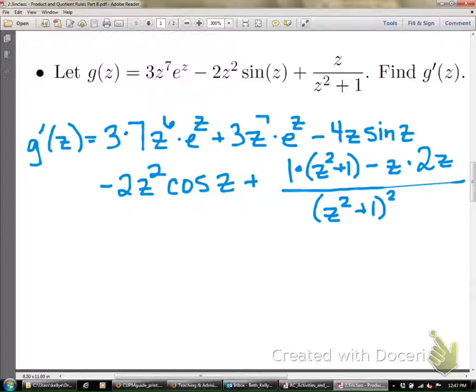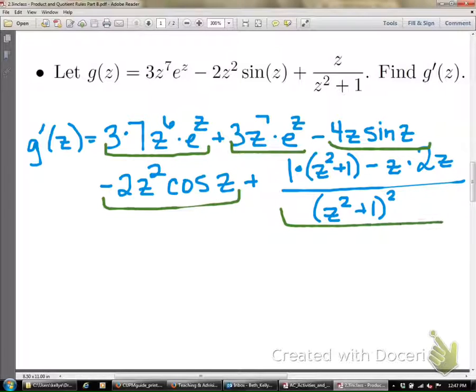We get 3 times 7z to the 6 times e to the z, plus 3z to the 7th times e to the z, minus 4z sine of z, minus 2z squared cosine of z, plus 1 times z squared minus z times 2z, all over z squared plus 1 squared. Okay, all of that. Leave it like that. Don't try to simplify it. This is enough.